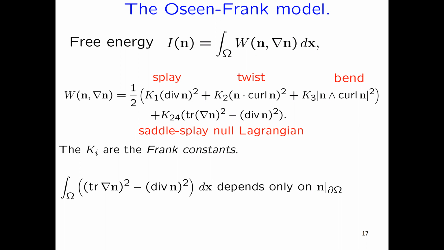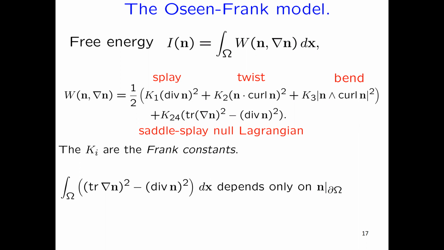Then you use the divergence theorem and you find that this integral is an integral over the surface, just involving n and its tangential derivative. So if n is specified on the boundary, then the integral will only depend on the values of n on the boundary.